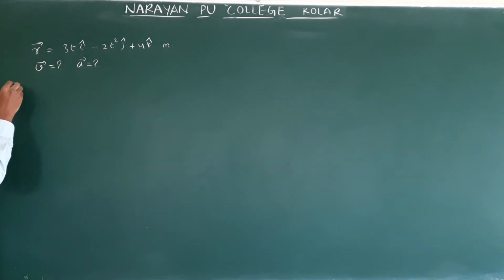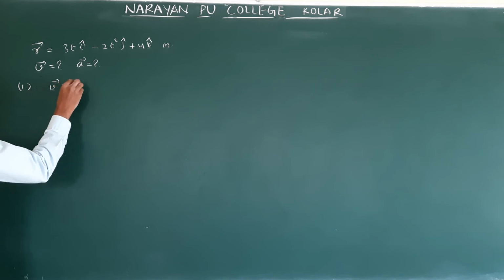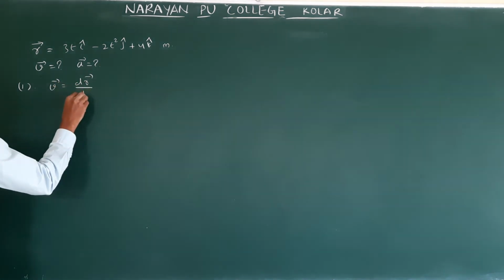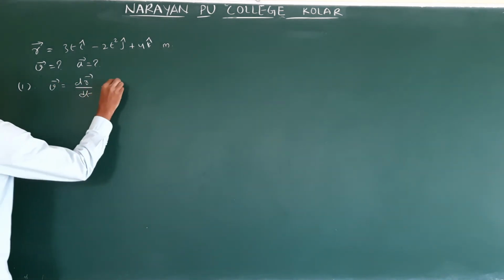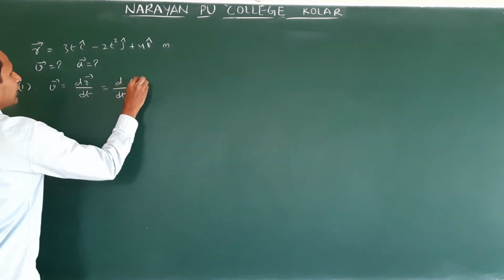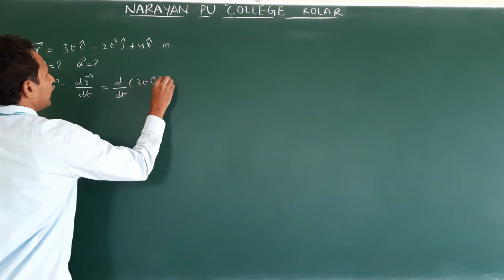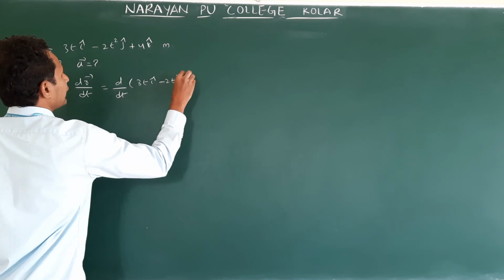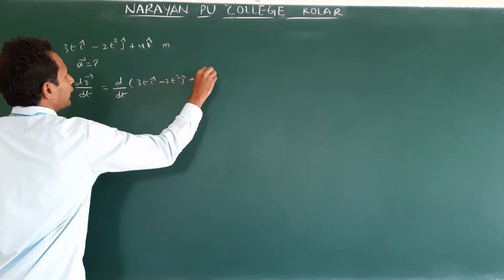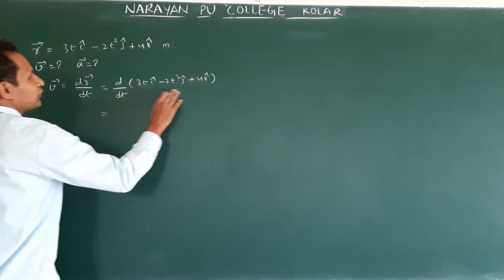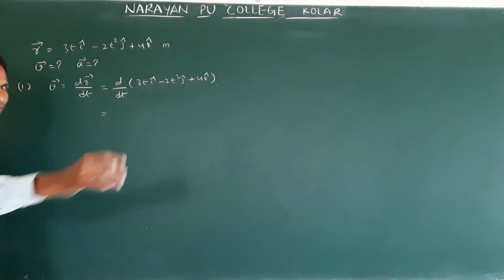First question. How do you get velocity? Velocity vector is equal to dr by dt. So write down the r vector here: 3t i cap minus 2t square j cap plus 4 k cap. Write individually; you have done all this in your first lesson.